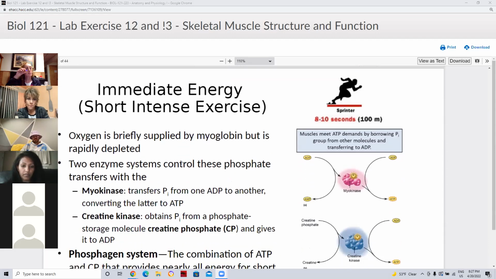So the first one is these enzyme systems that are transferring phosphate groups from one ADP to another ADP in order to produce ATP. Or they're taking the phosphate groups from creatinine phosphate and adding them to ADP to produce ATP.